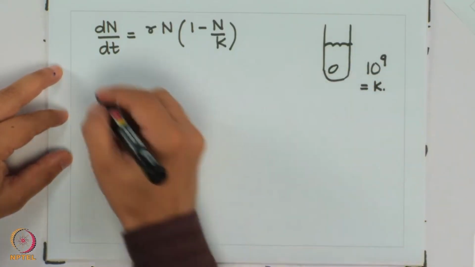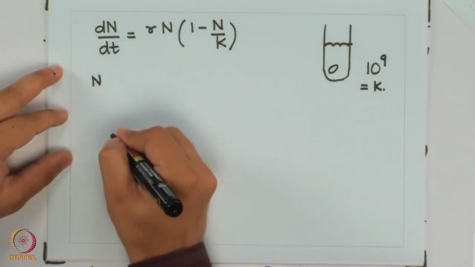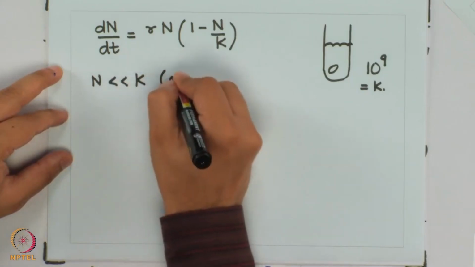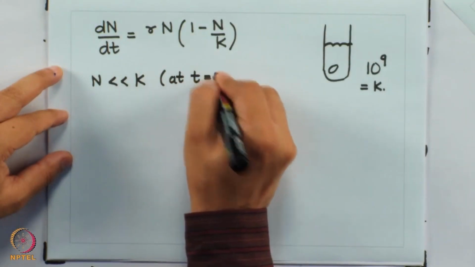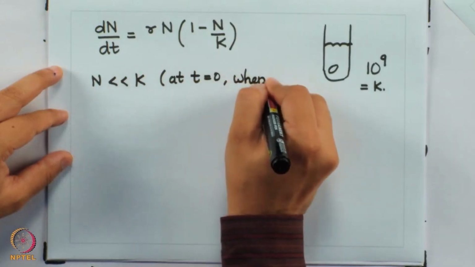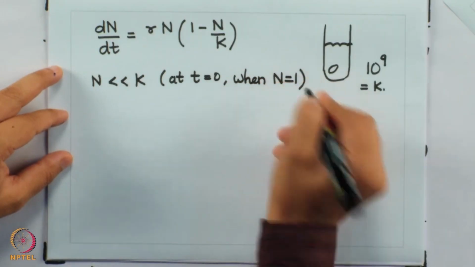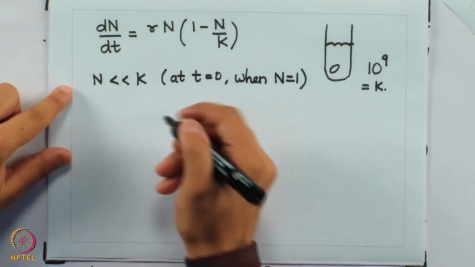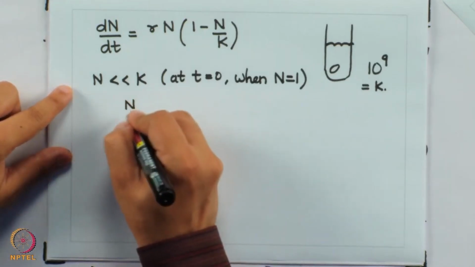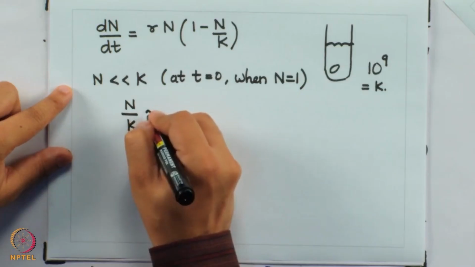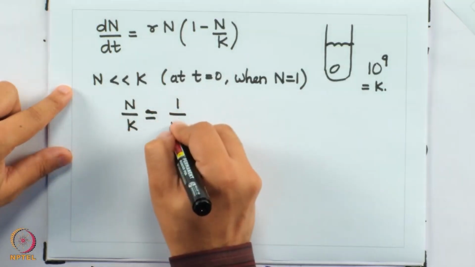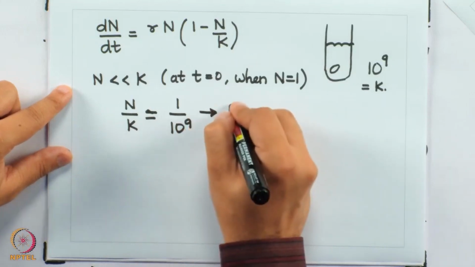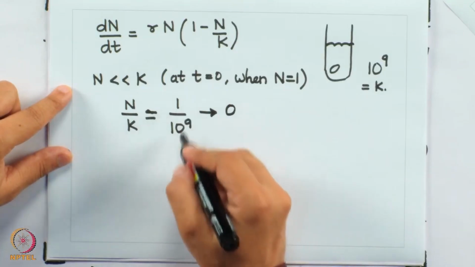At this point in time, N, which is the number of bacteria at time t, is much smaller than K. This is at t equal to 0, when N is equal to 1. What that means is N by K, which is equal to 1 upon 10 power 9, is a number very close to 0, because this is 10 power minus 9.